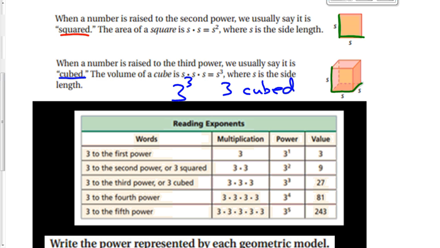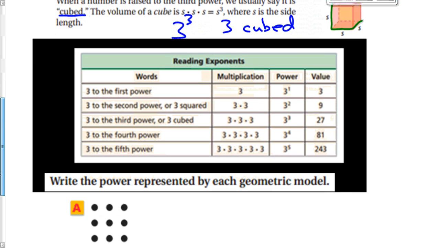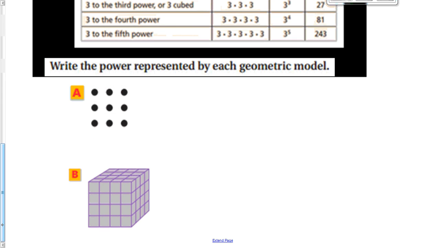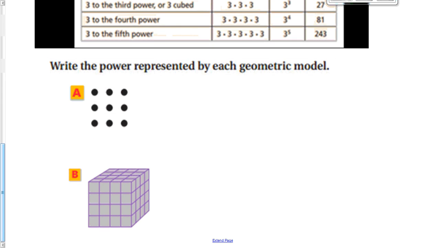All right. So a couple diagrams that can help us here. Let's move that up. Identify the power that's represented by each geometric model. Just for a visualization, think about what's going on here. You're looking for how you could get all the dots. What's the shortcut for that? It's a 3 by 3, so I can say 3 times 3, or 3 to the second power.